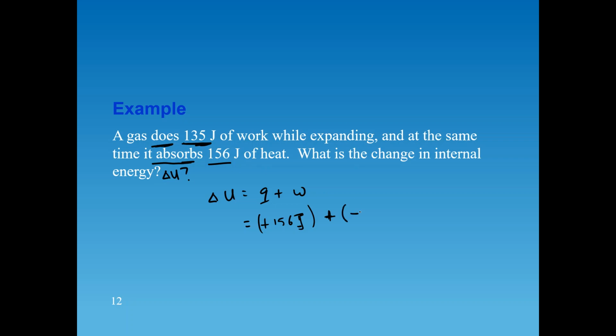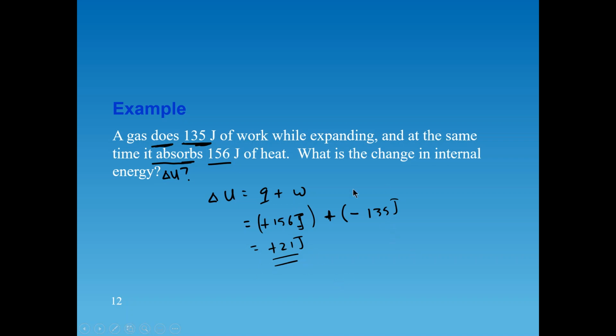So this would be minus 135 joules, all right? So that's basically how you set this up. So let me do the number crunching here. So 156 minus 135. And according to my calculations, this works out to be equal to plus 21 joules. So basically, the overall change of internal energy for the system, in this case, will be positive 21 joules, all right?